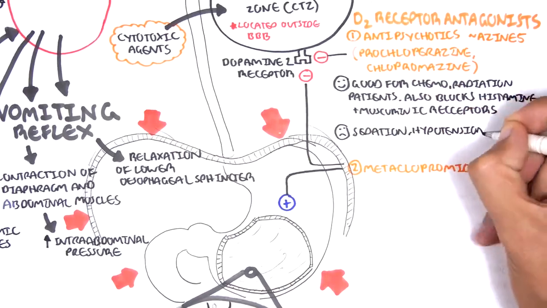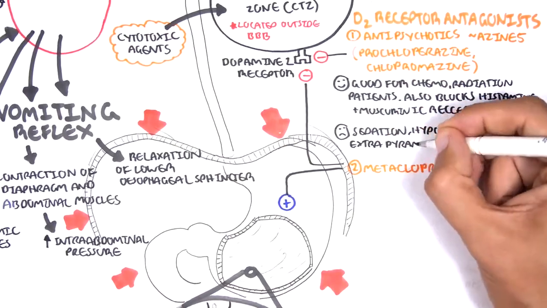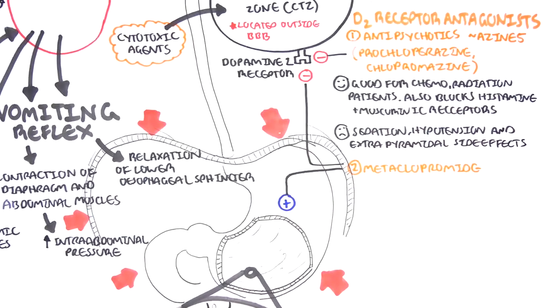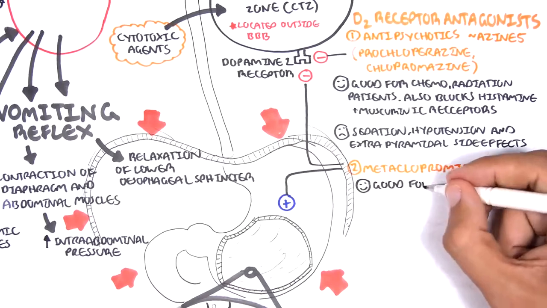The side effects include sedation, hypotension, and extrapyramidal side effects. It's important to mention extrapyramidal side effects here because this is a side effect shared by a lot of antipsychotic medications, and we'll talk a little bit more about that when we get into metoclopramide, which is your next group.